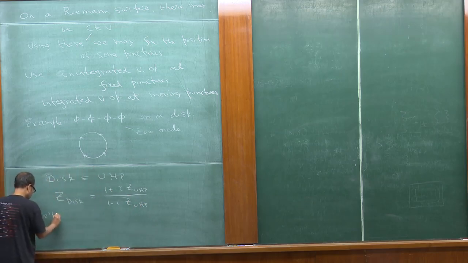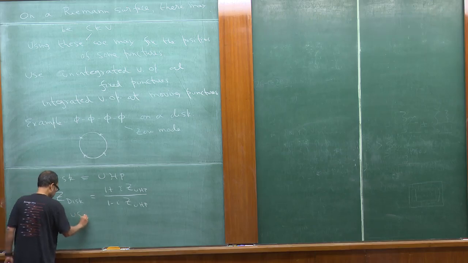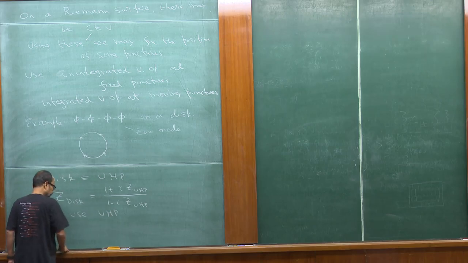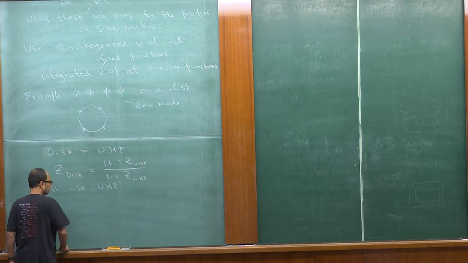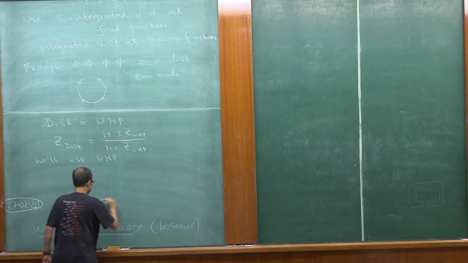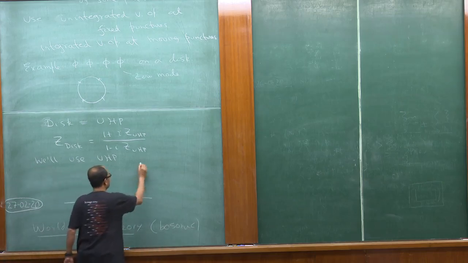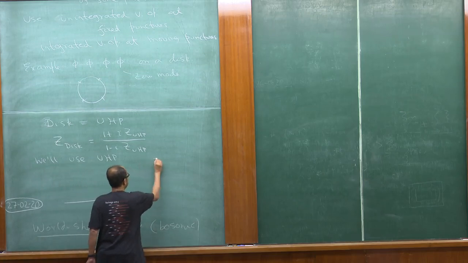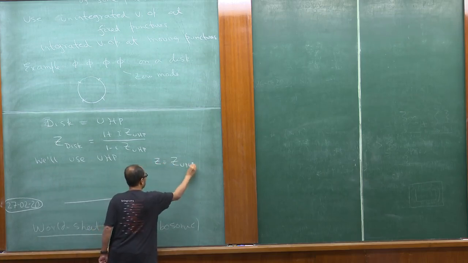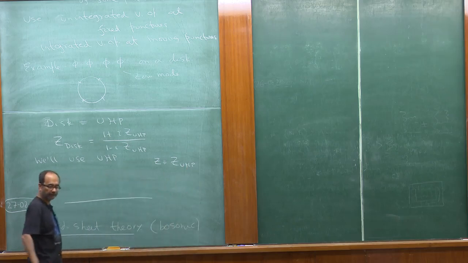Just to make life simple, we will use UHP. The upper half plane is basically the upper half complex plane. So we will denote this by z, the coordinate on the upper half plane, and that's the only description we will be using from now on.